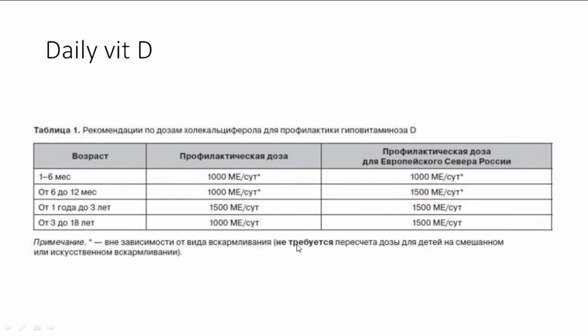We don't need to use extra doses or stop vitamin D with mixed feeding or formula feeding, and we don't stop it in the summer period. We need prophylactic doses all year.